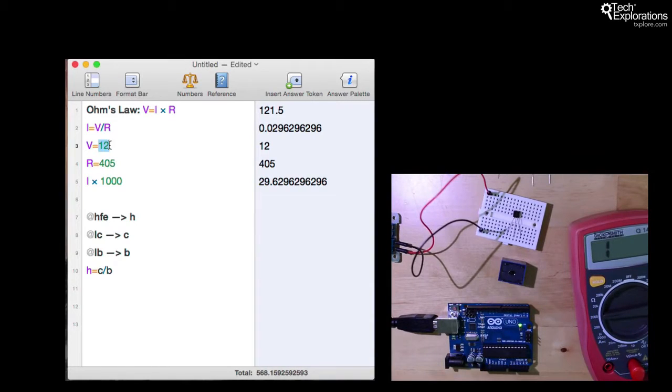So I've already got 12 volts in my calculator, and that gives us about 29.5, let's say 30 milliamps of current through the coil. All right, so now we know that we need to provide 30 milliamps of current in order to energize the coil. We need to get the power from the power supply when the Arduino says so.